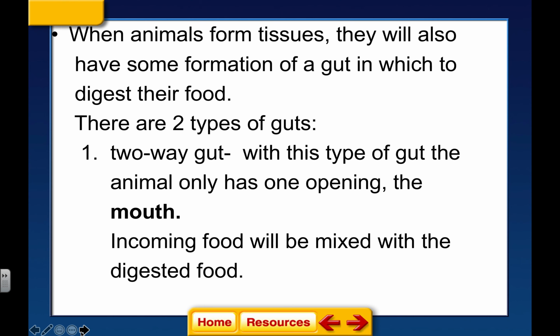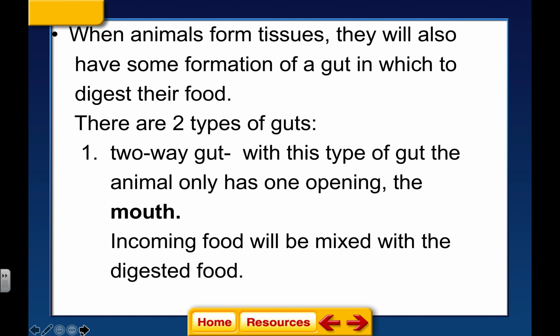So food is going to come in one direction, and it is going to turn around, and it is going to exit in the opposite direction because it's coming in through the mouth. Whatever is needed is removed from the water. Remember, now we're going to be talking about jellyfish. But there is no exit, there's no anal opening, so that water is just going to turn around and exit through the same opening that it came in, which is the mouth.